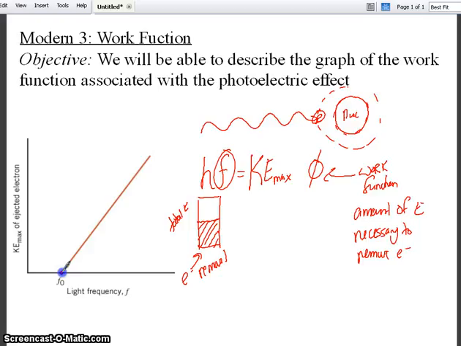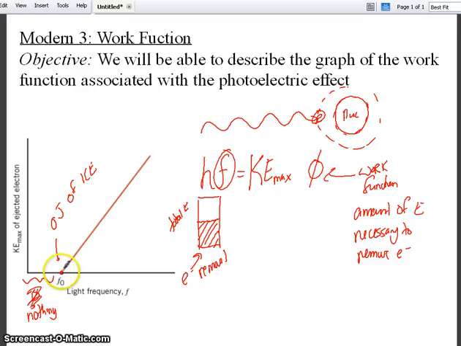So this dot right here represents the frequency at which the electron will be ejected. Nothing below that frequency will work because there's not enough energy. So at this frequency right here, the electron will be ejected and there will be 0 joules of kinetic energy left over.